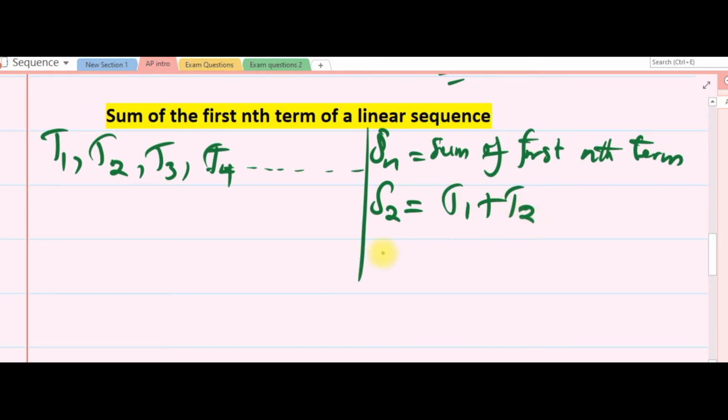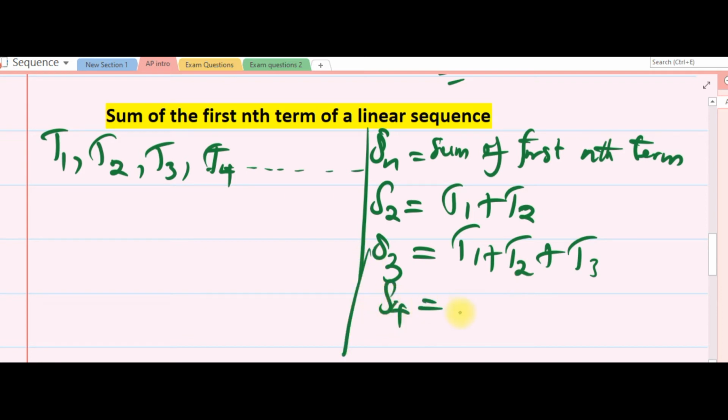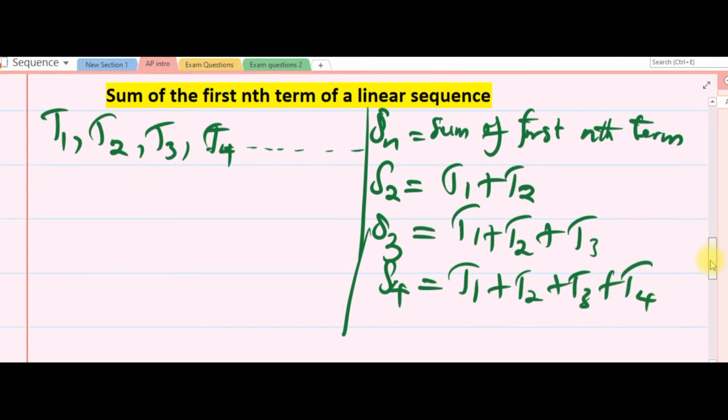The sum of the first three terms is T1 plus T2 plus T3. Again, the sum of the first four terms is T1 plus T2 plus T3 plus T4. So let's get a formula here.